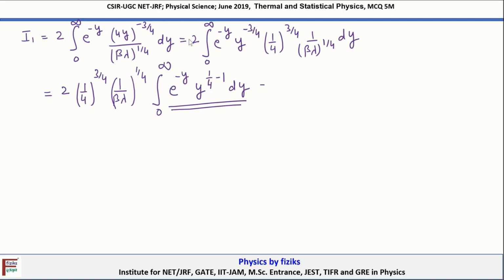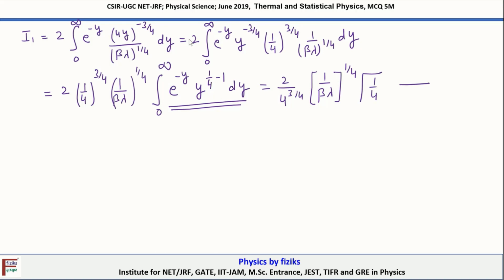Okay, so that means this integral turns out to be equal to, after solving all these constant values, 2 divided by 4 power 3 by 4 into 1 by beta lambda power 1 by 4 and then gamma 1 by 4.